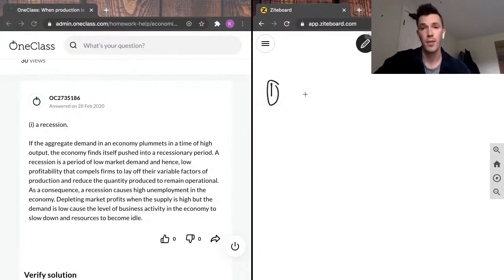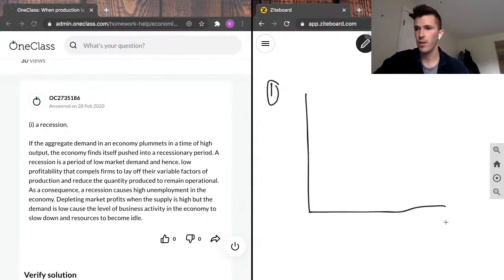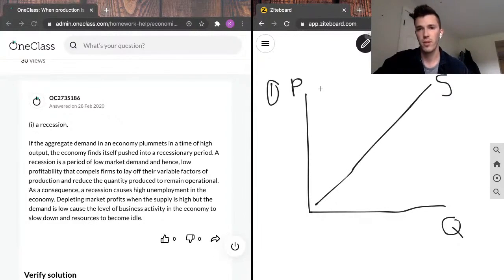I'm just going to add to it a little bit with a simple supply and demand graph. Some people are visual learners, and hopefully this will help them. So as always, on the x-axis, we've got Q for quantity. And on the y-axis, we've got P for price. The supply curve slopes upwards, and the demand curve slopes downwards.